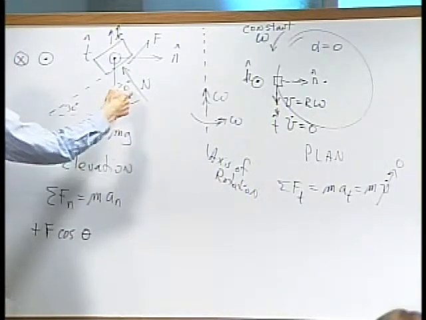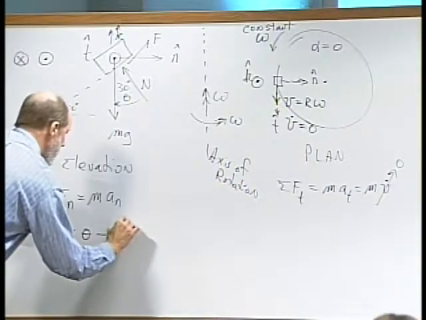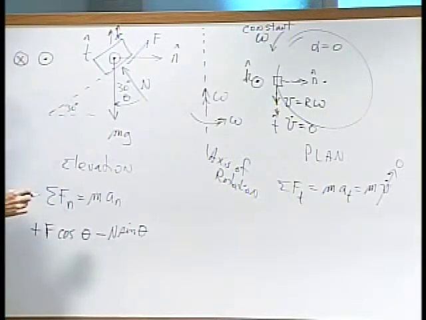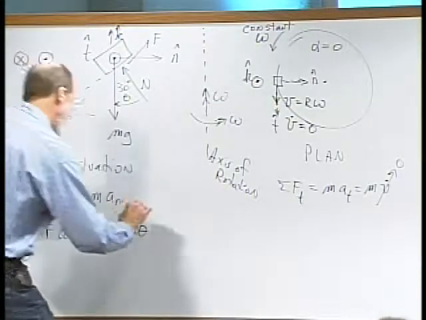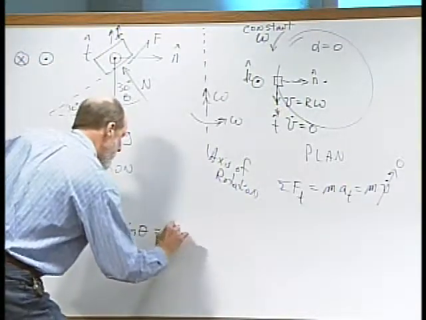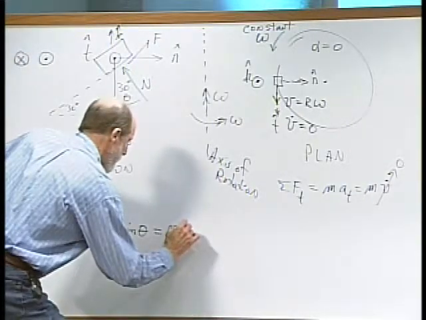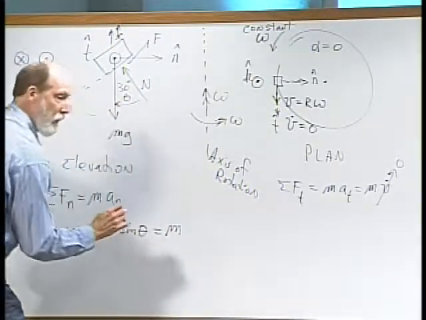So it's N sine theta, and that's a negative. And I think that's it. The sum of the forces is going to be equal to the mass times the normal acceleration. And the normal acceleration we know is r omega squared.